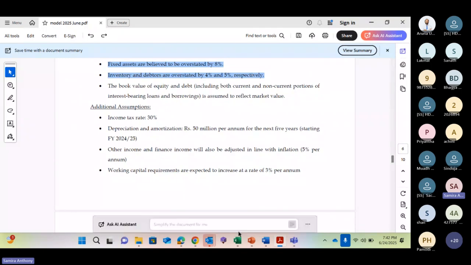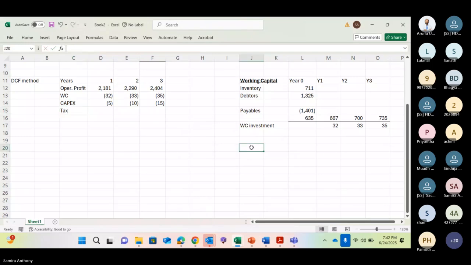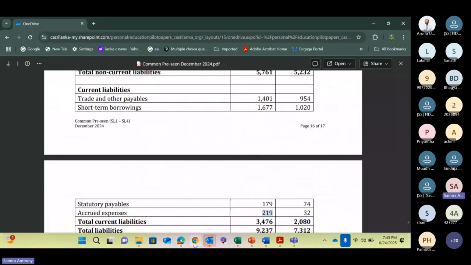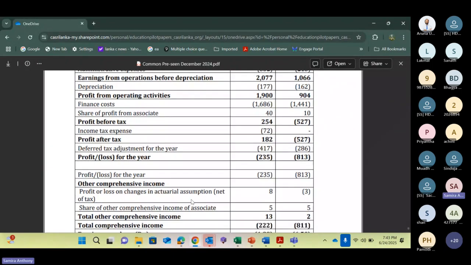Let's go to the income tax calculation now. When you calculate income tax, you have to carefully apply the tax computation theories. Here they have given you the PNL.